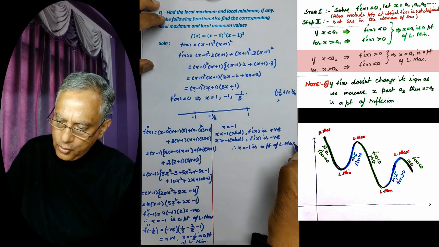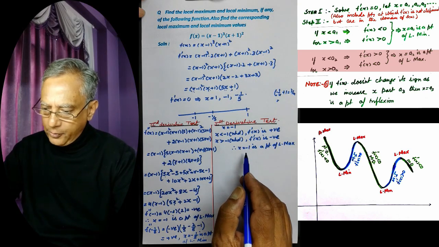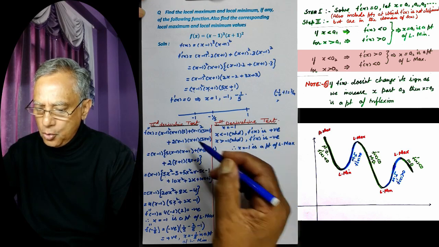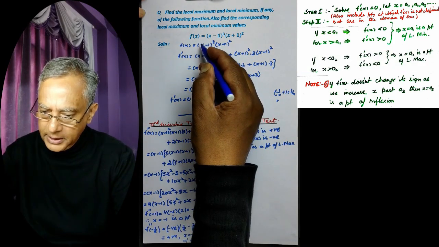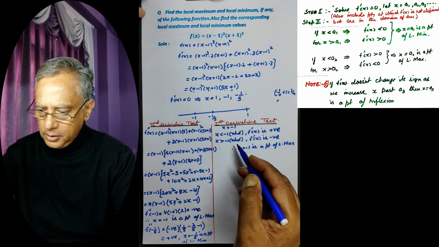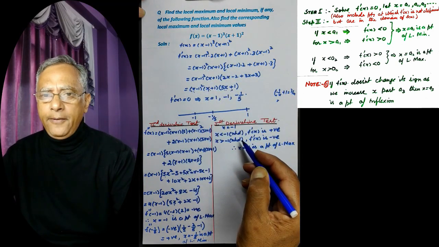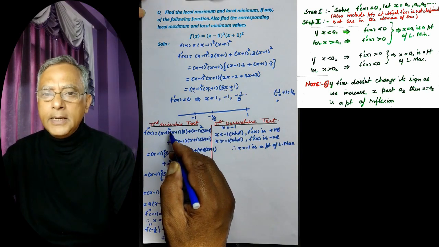From positive to negative. So in this problem, what we notice is that the first derivative test is shorter to use than the second derivative test. So for this problem, we shall follow the first derivative test. We shall prefer the first derivative test over the second derivative test.